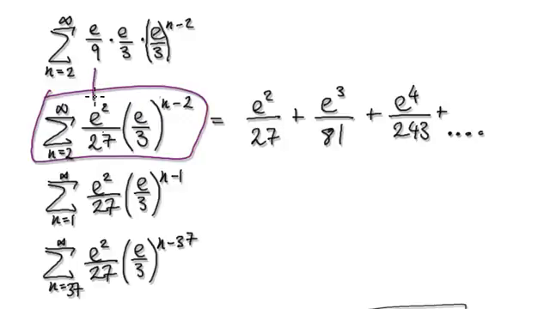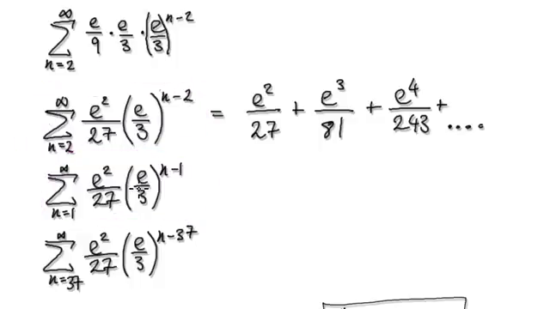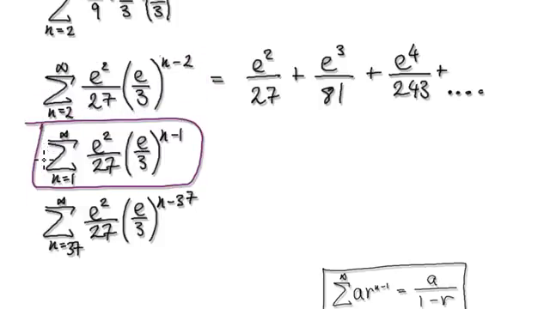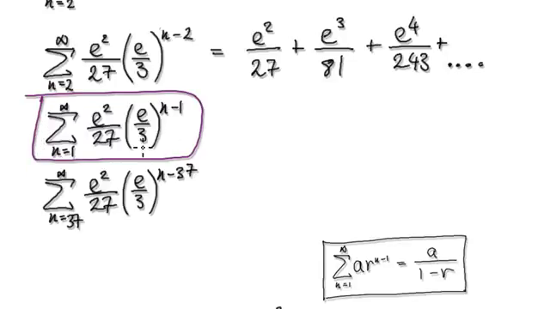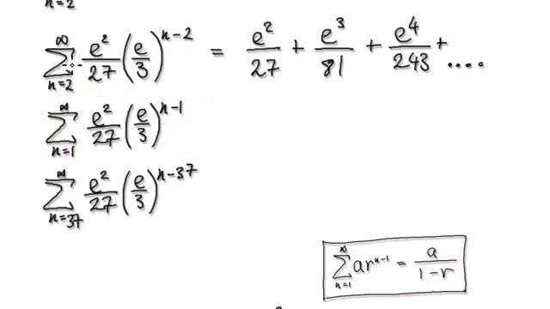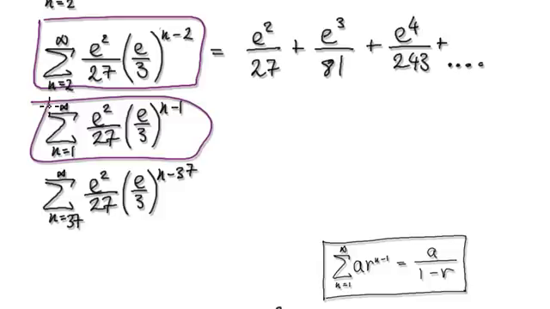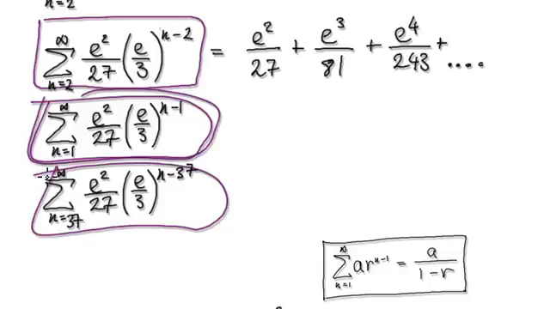But rather than looking at this, because we know that this is exactly the same as this, we can use this, because this is something that we're familiar with. N starts at 1. We can use this formula here, just bear in mind, bear with me, that this is the same as this, and then this is the same as this.